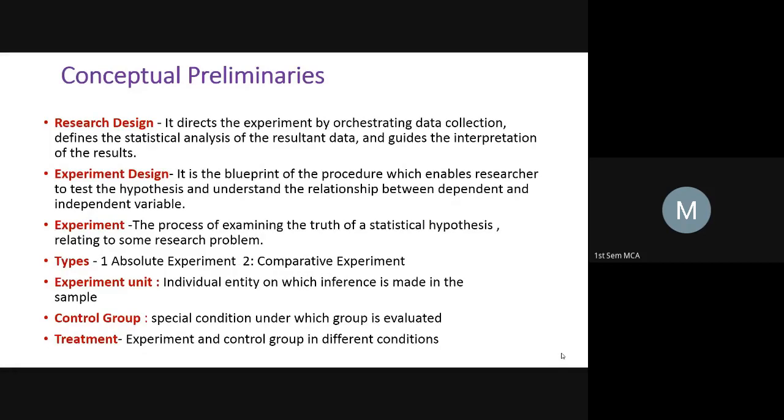Next, what is the experiment? The experiment is nothing but the process of examining the truth of the statistical hypothesis. The statistical hypothesis is to test whether it is true or false or whether it falls in some range, which will be related to a research problem.